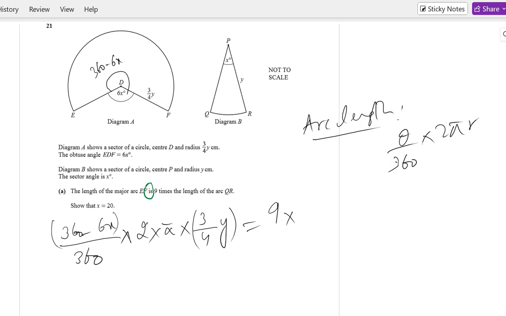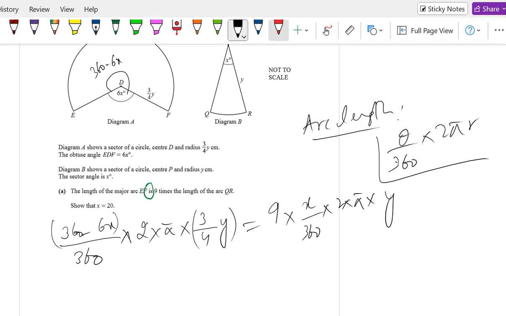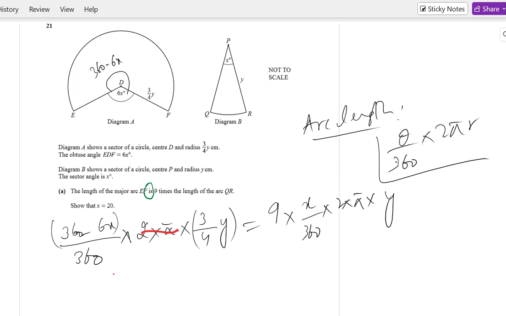Okay, so angle at the center of diagram B is x times 2 times pi times your radius y. So let's see what we can simplify. 2 pi cancels with 2 pi, 360 can be cancelled with 360, y can be cancelled with y. And this 3 as well can be cancelled with this 9.